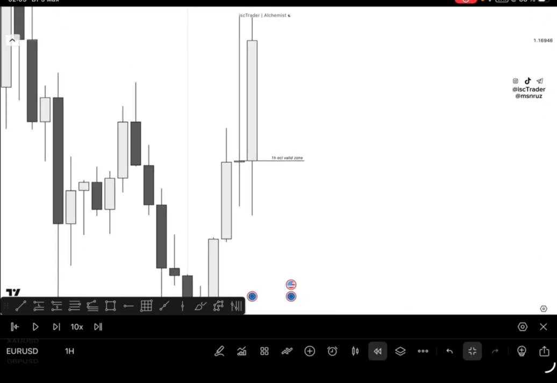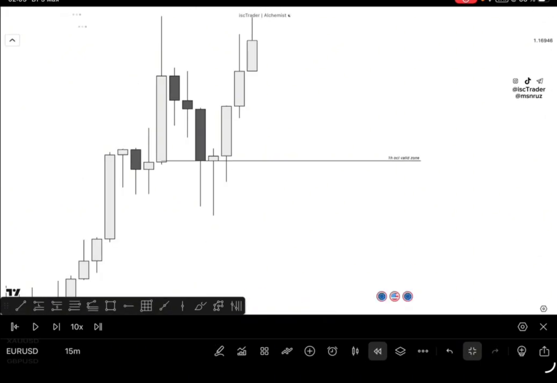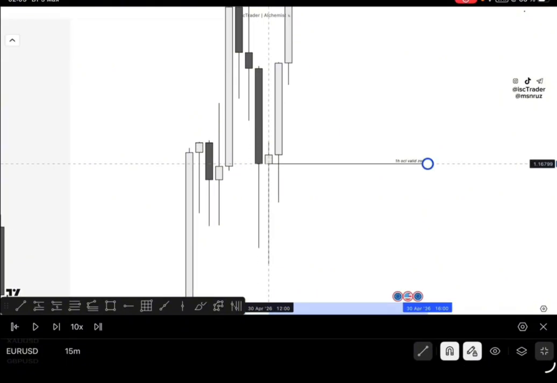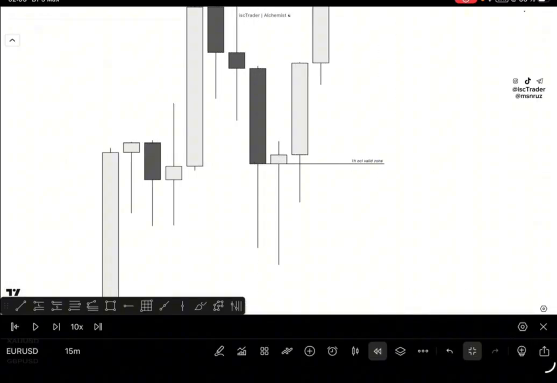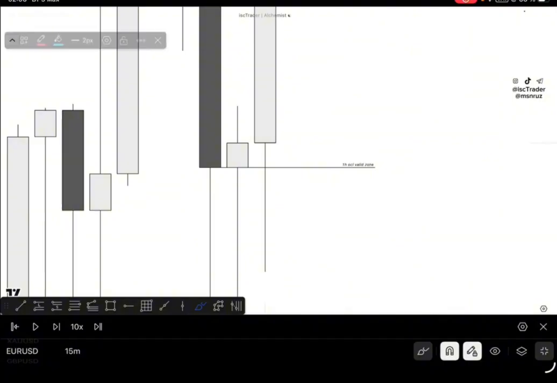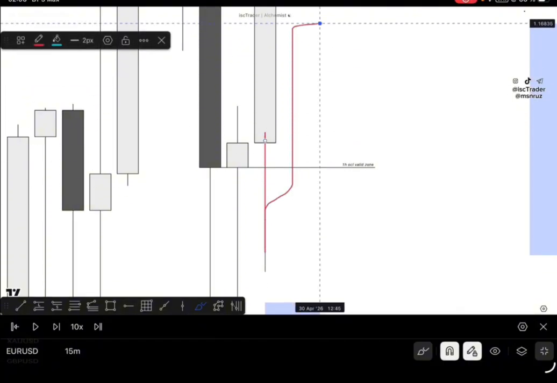Okay, now we move to the 15-minute. In the 15-minute time frame, this is an invalid zone. Invalid. Why is it invalid? The market is reacting, and the market continues to go for a buy.